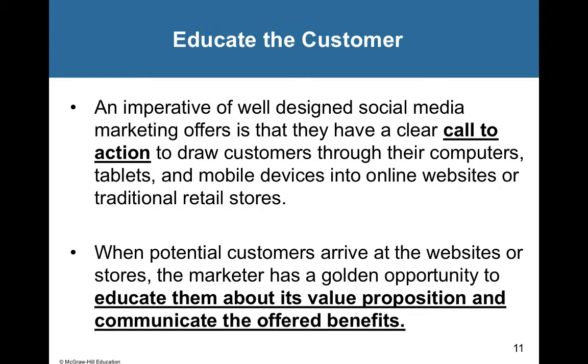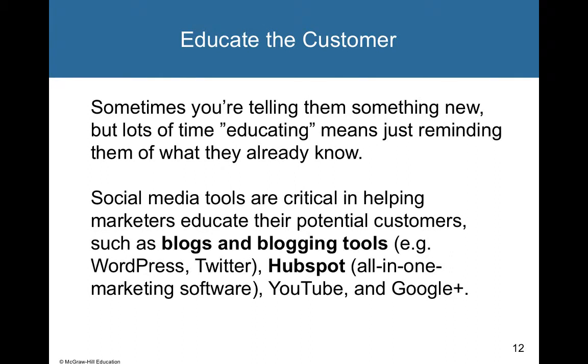Everything is 70% off, or all summer wear 70% off, or whatever. In the same way that those traditional stores do that, your online retailers need to do the same thing. Our marketers really have a great opportunity in this aspect to educate our consumers about their value proposition, about whatever benefit they're offering, what kind of sale they have going on. That should be the first thing you notice with your advertisement.